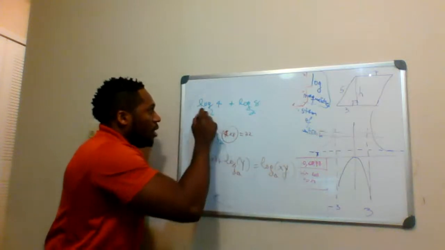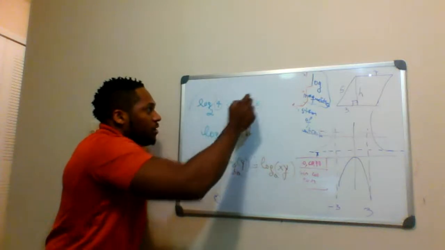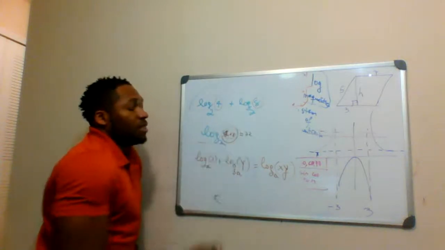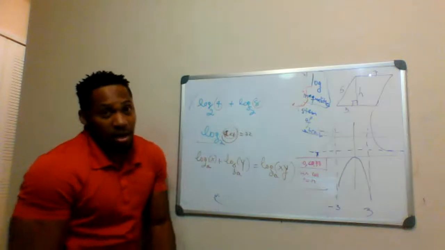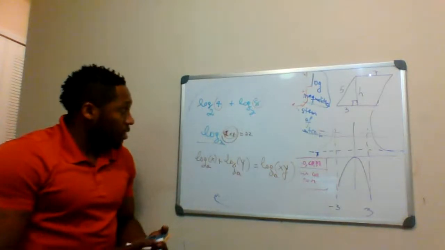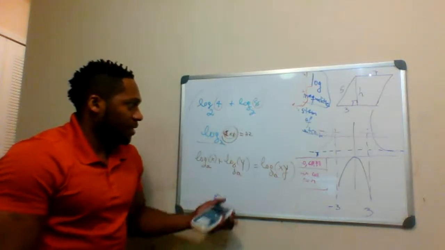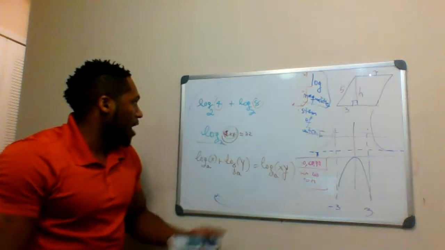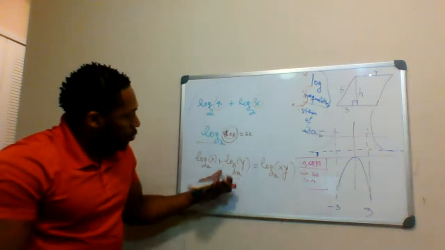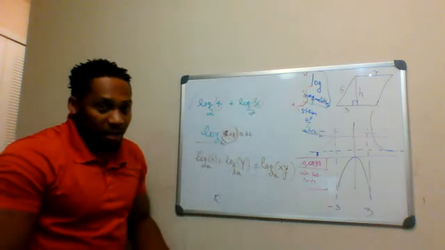So log base 2 of 4, log base 2 of 8, and log base 2 of 4 times 8. And that's what those properties are. There are other ones. If you had one minus the other one, you divide one by the other.